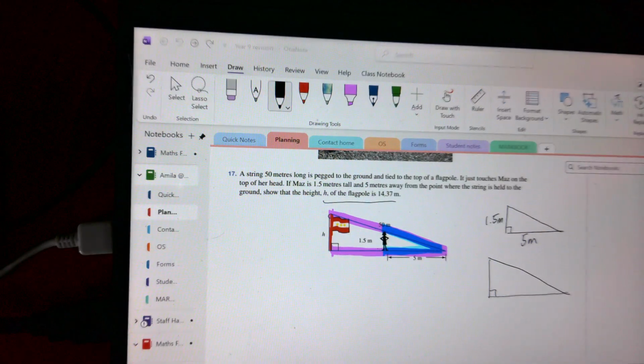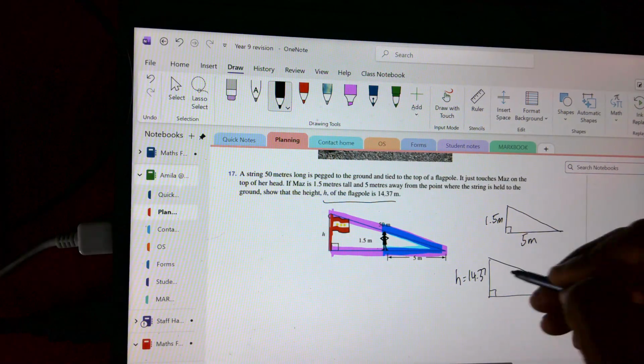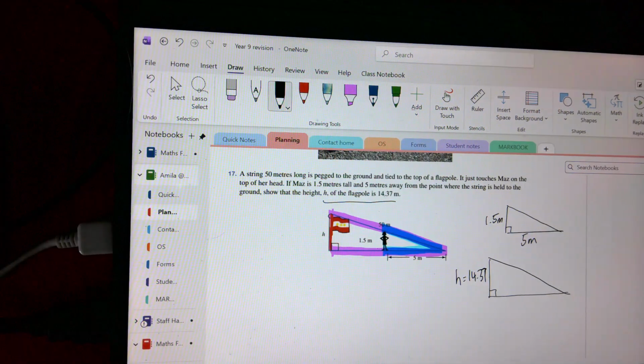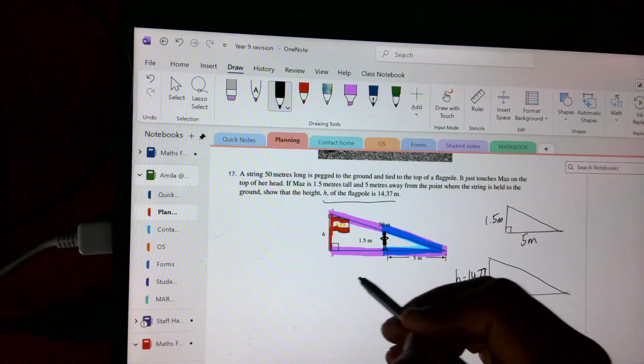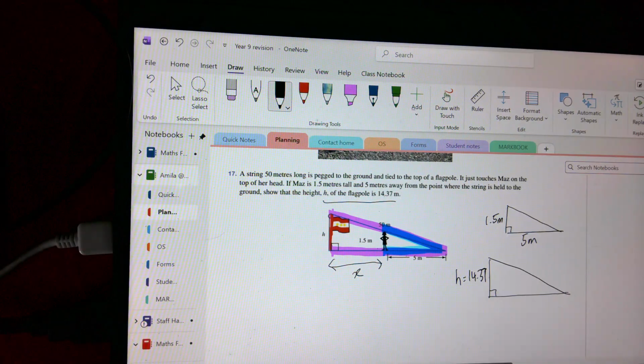So I have to pause the video and think about this for a second because it's something I'm missing. What we know is that h is 14.37 from the question. What we don't know is this distance here, so I'm going to call that x.